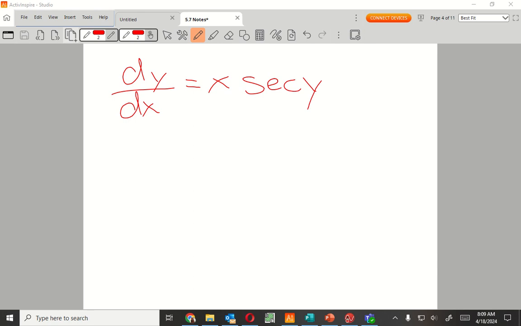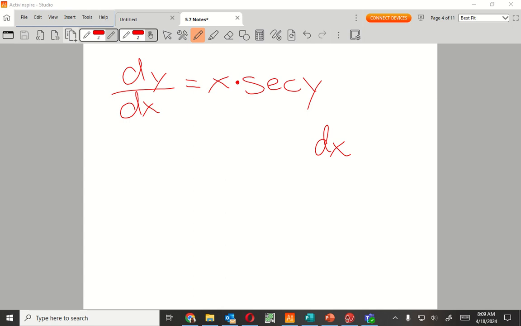I'm going to multiply, right? So it's going to be a dx over here, because I'm going to multiply. And this right here is being multiplied by secant y. How do I undo my secant y? Divide both sides by secant y.